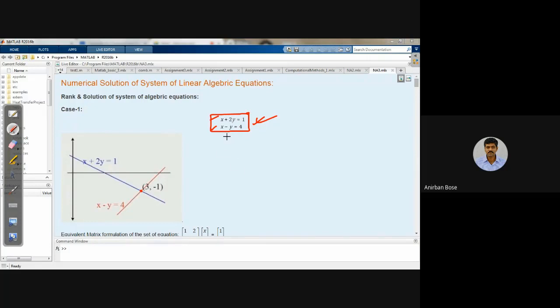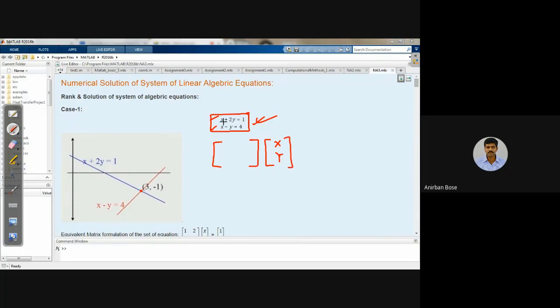So how can we write the equation in the matrix form? The technique is that you write it in this form. You write a coefficient matrix first. What is the coefficient of the first equation of x and y? Here you can see the variable set is x and y. These are the variables.